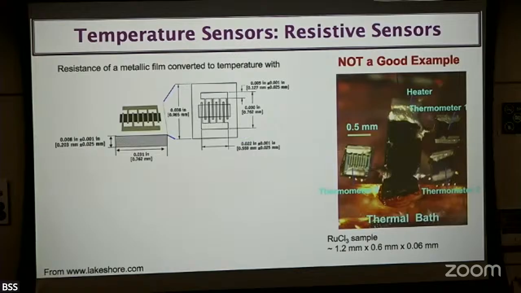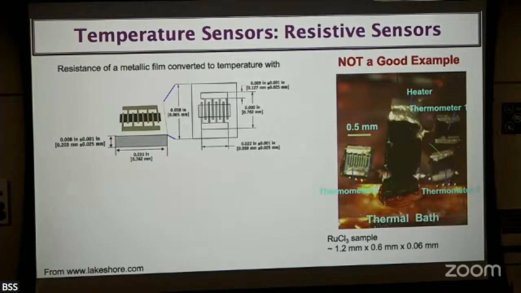And so these are the sizes. The width is 0.7 millimeter, not that small. Remember, my sample is on the order of 1 to 2 millimeter. And the thickness is 0.2 millimeter. So my sample is 1 millimeter, and I just cannot fit it, which is why it's connected with this very fat silver wire, and we attach it so that the temperature can be read.